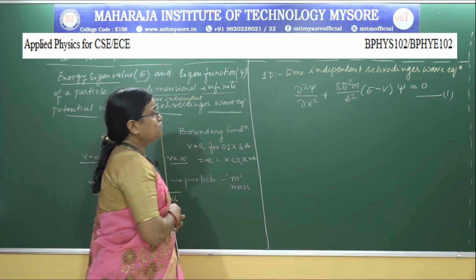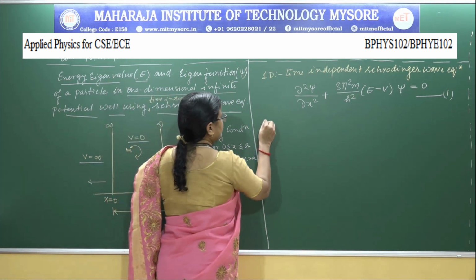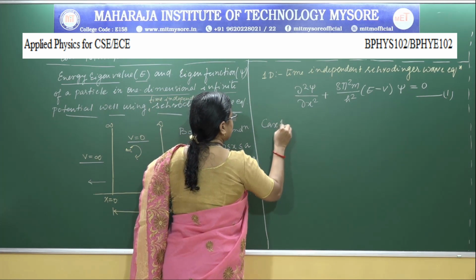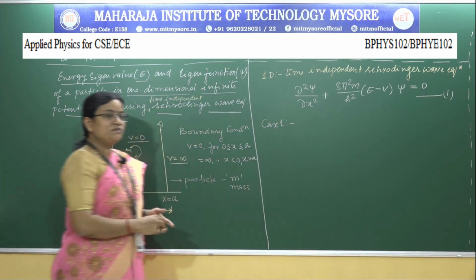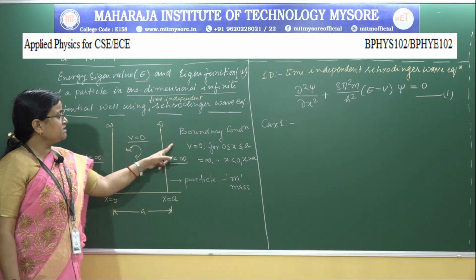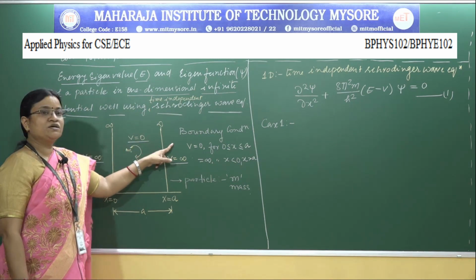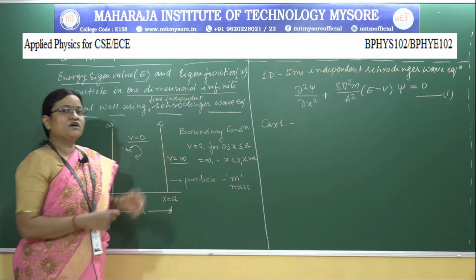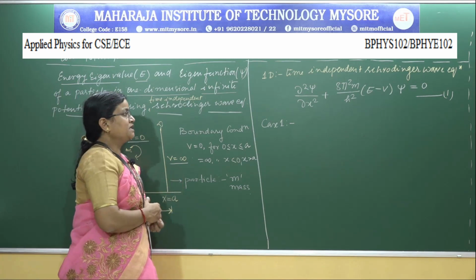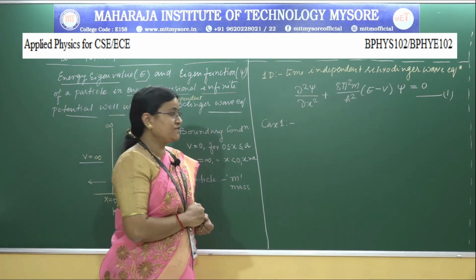Now we will consider two cases. In the first case, we assume that the particle exists outside the boundary. Let us see what will be the energy eigenvalue and eigenfunction.